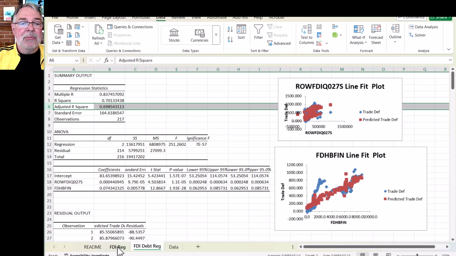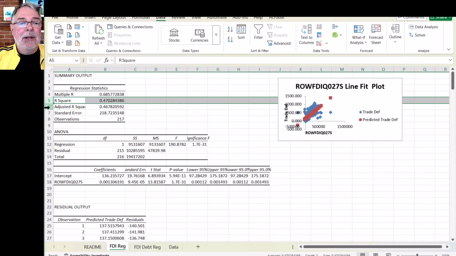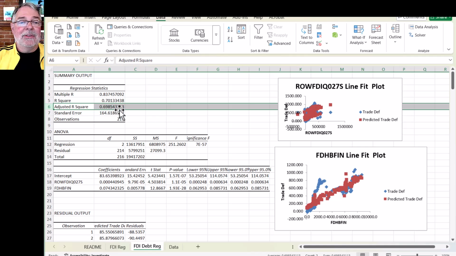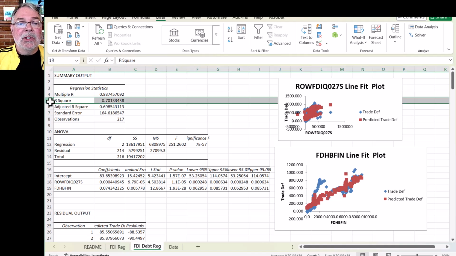And so here it's 0.69, and here it's 0.46. So we went from explaining 46% to 69%. So we've actually really improved, right? The model on its own just says, hey, we're explaining 70% of the variation.